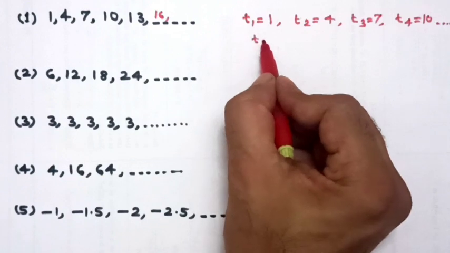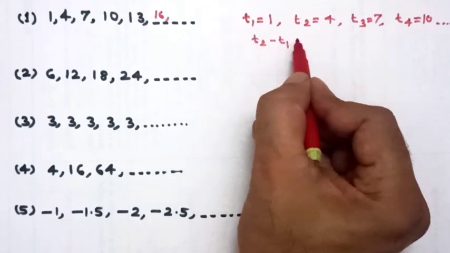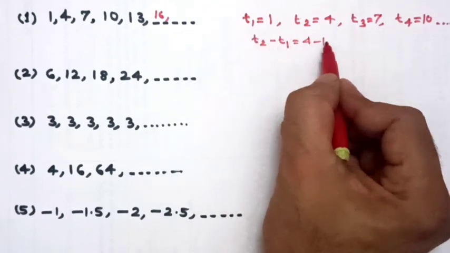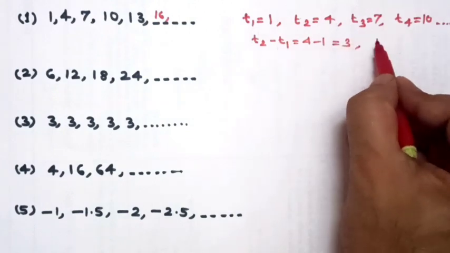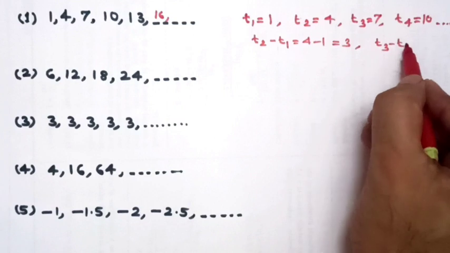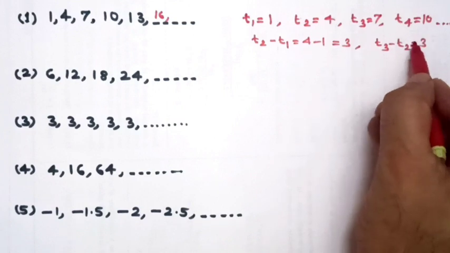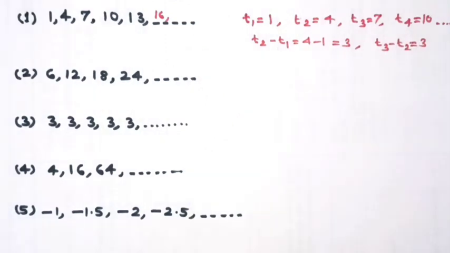Here T2 minus T1, which is 4 minus 1, is 3. In the same way, find T3 minus T2, which will again be 3. Please don't subtract T3 from T5 or T6, but subtract T3 from T4 only. So I hope you understood now.